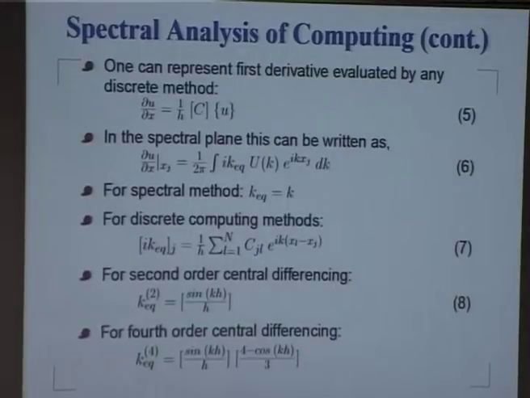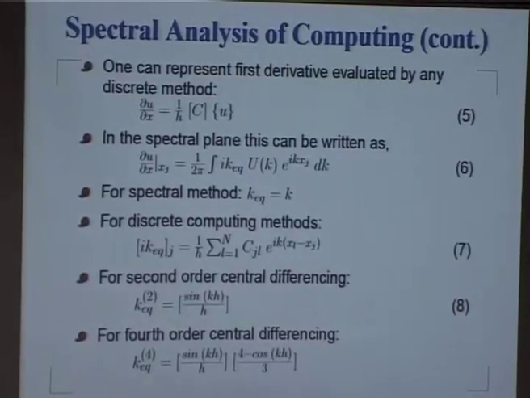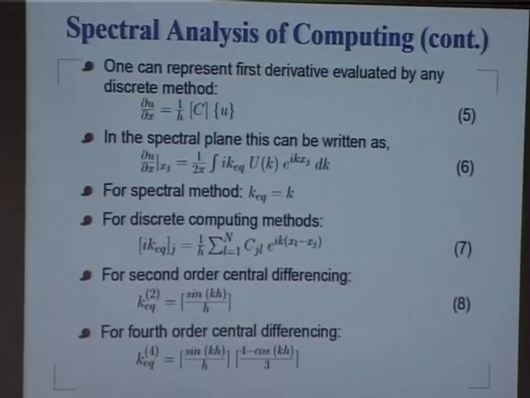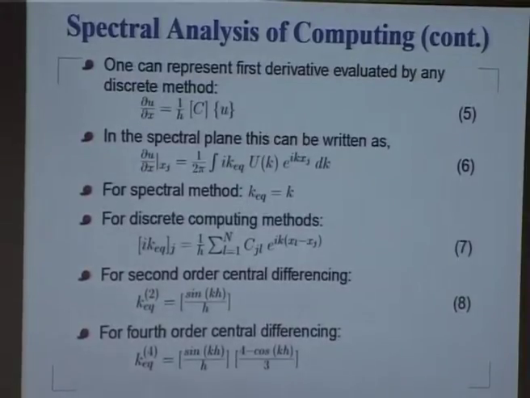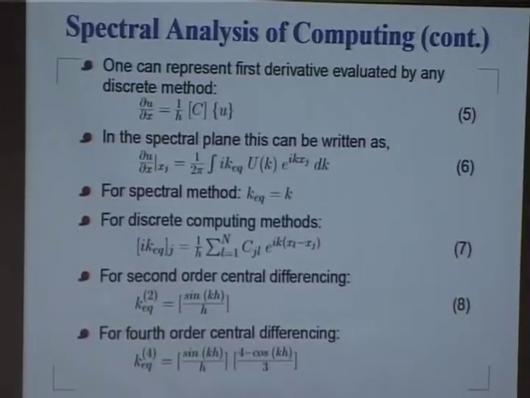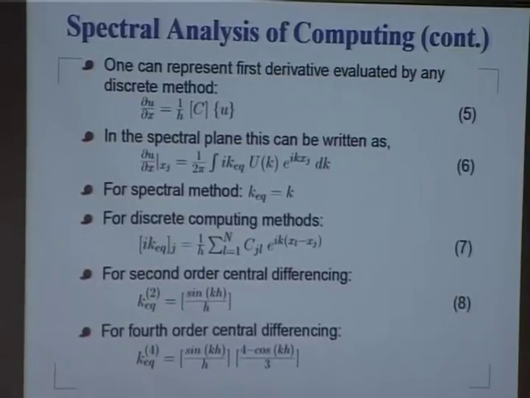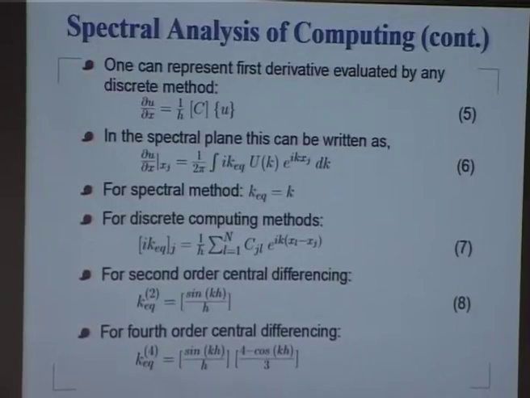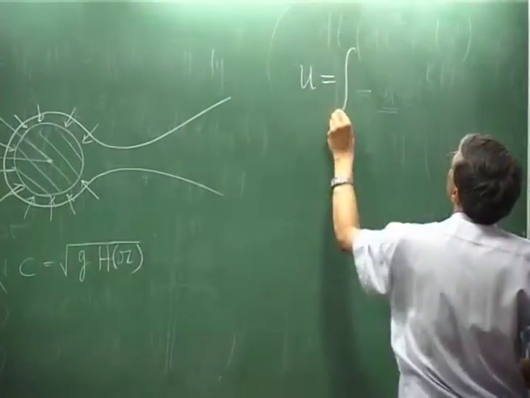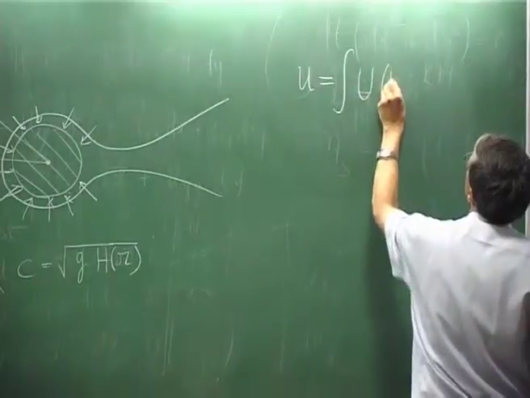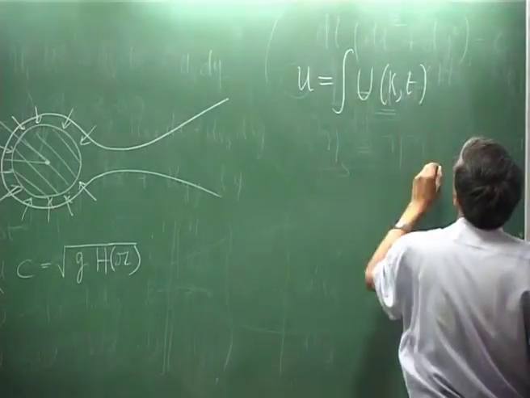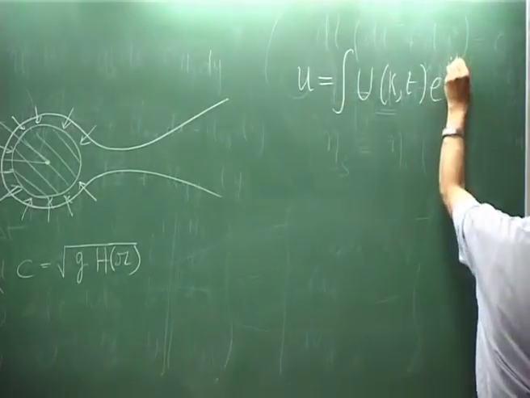Now, if I look at the Fourier transform and try to write down the derivative, what do I do? I am writing, let us say, in terms of u_k(t) e to the power i k x.